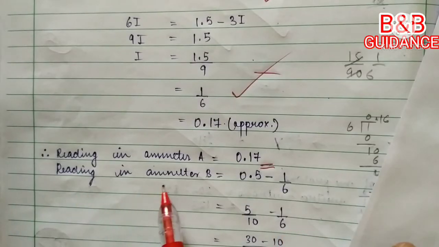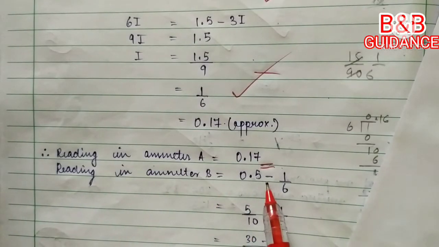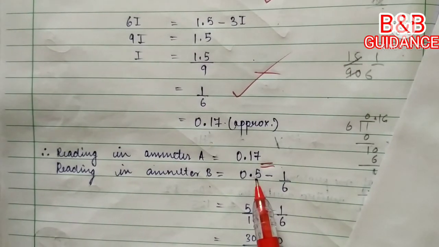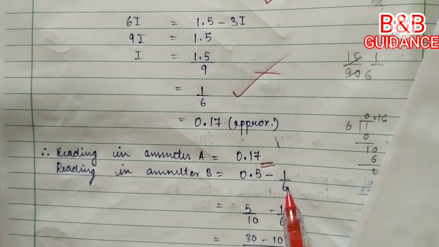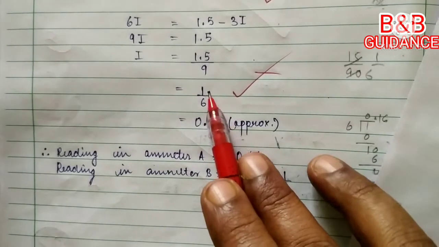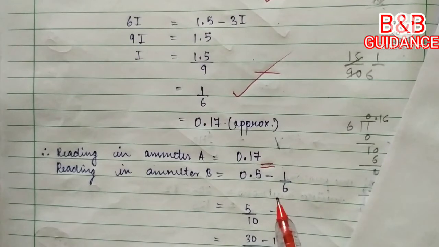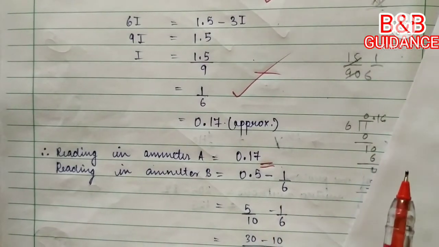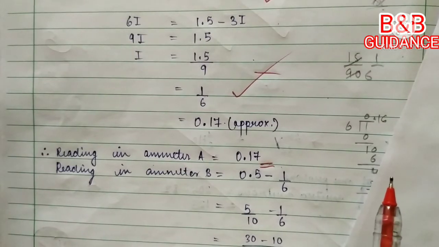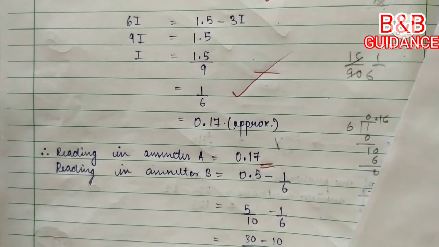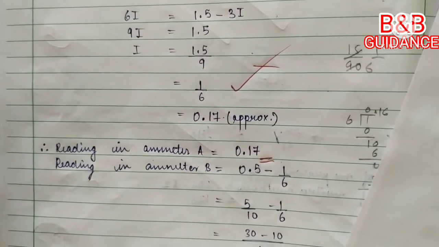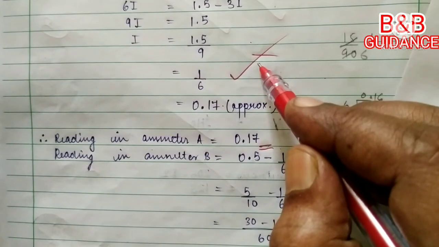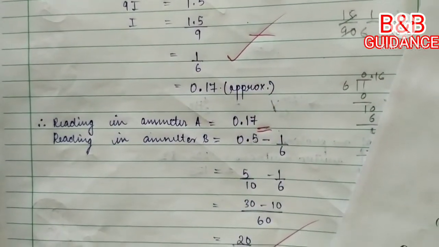Now the reading in ammeter B is equal to 0.5 minus 1 by 6. 0.5 is the current drawn from the cell, and 1 by 6 is the reading of ammeter A. Yes, and the child has subtracted successfully, and the answer is there, 0.33 ampere. But the unit is not mentioned. We are giving the mark because this lack of unit is already penalized here.